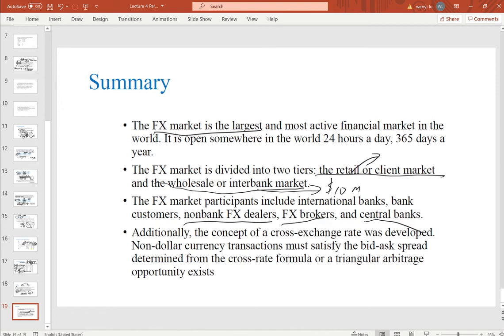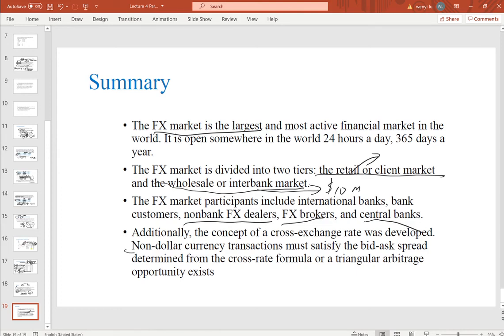In addition, the concept of a cross exchange rate was developed, and we studied many calculations of the cross rate. You should keep the rule in your mind. It will help you save time on calculations.